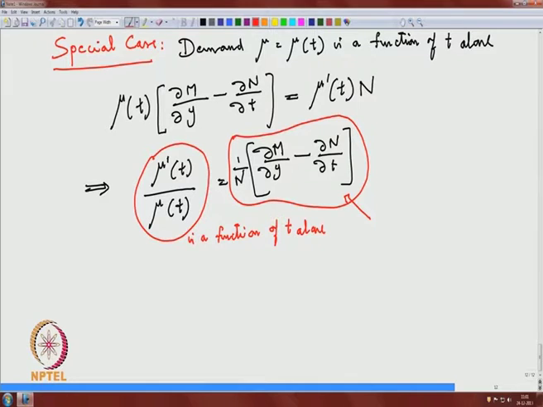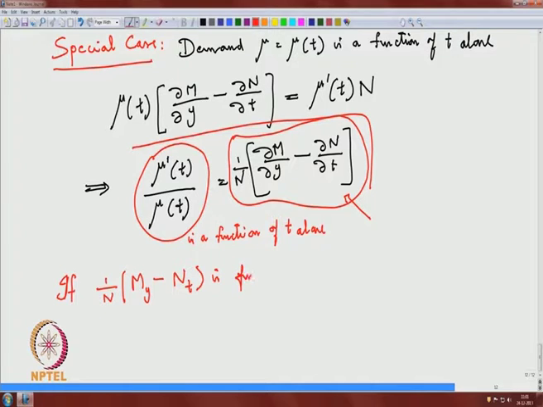So if the right hand side of this equation is a function of t alone, then this is a first order equation and we can integrate it. So assume that 1 over N times (dM/dy minus dN/dt) is a function of t alone.